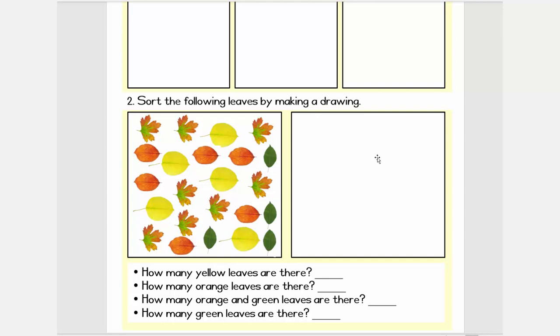Helping them to make drawings also helps them later on to make mathematics models. That's also diagrams, drawings to understand mathematics better. We should encourage learners to do that. Maths is not only numbers and symbols. Mathematics is also models and drawings to help us to understand concepts and especially mathematics.